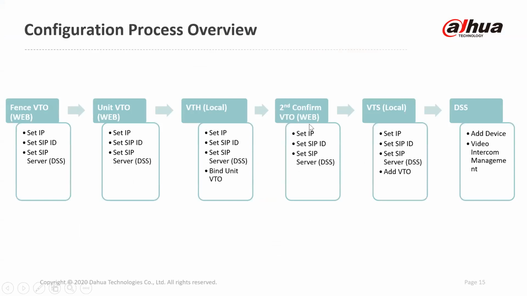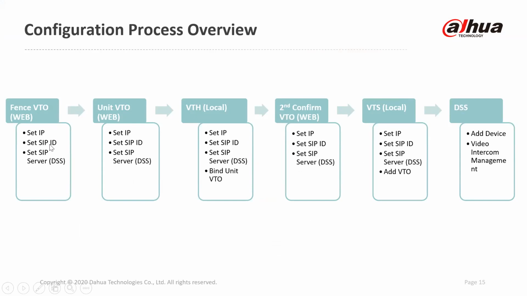So we are getting into the configuration process overview, whereby we will be looking at how we configure the VTO, the VTH, and maybe the VTS. At first, we must know that we have the fence station, which is the VTO, and the unit VTO. We have the VTH, second confirmation VTO, VTS, DSS.